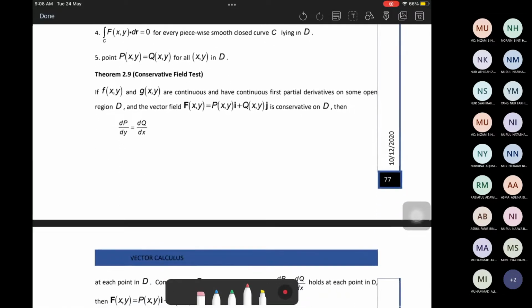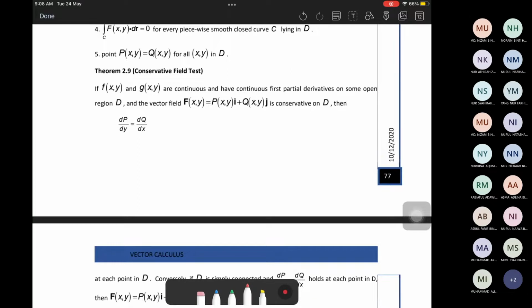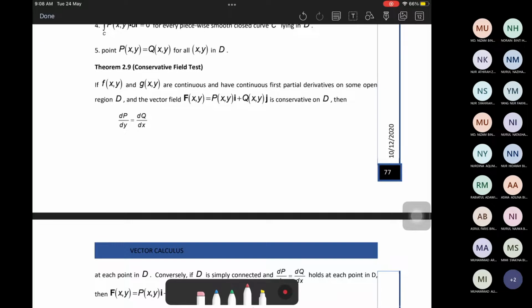Okay, jadi tengok 2.9, how to show that the vector field is conservative. Okay, if P(x,y) and Q(x,y) are continuous and have continuous first partial derivatives on some open region D, and the vector field F(x,y) = P(x,y)i + Q(x,y)j is conservative on D, then ∂P/∂y equals ∂Q/∂x, iaitu kalau ada case yang dirty space tu, kita carikan buktikan Q_x equal to P_y.